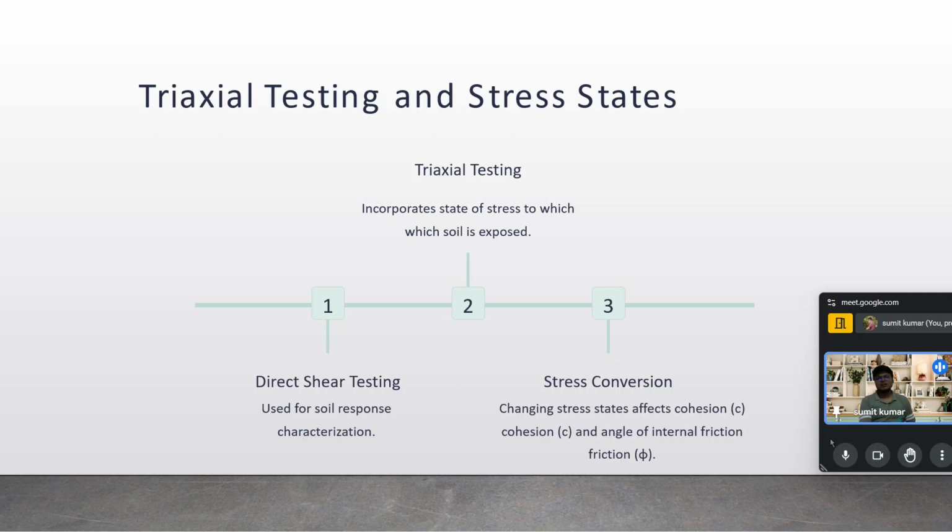In the field as well, stress acts in all horizontal directions, which is confined by applying the confining pressure sigma 3 on the soil sample, and then applying a vertical stress from the top, that is the deviatoric stress, so that it interpolates the state of stress to which the soil is exposed. And the third factor is stress conversion, so changing of the stress states affects cohesion and the angle of internal friction.